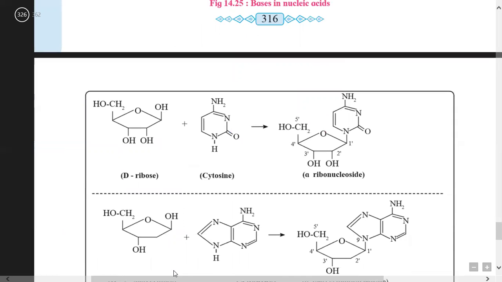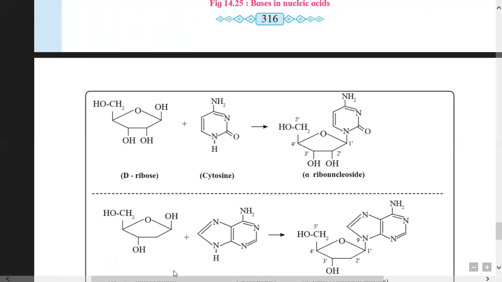Here the numbering is given like this. The first, second, third, fourth, and fifth carbons are denoted with a prime: first prime, second prime, third prime, fourth prime, and fifth prime. And the first carbon is the anomeric carbon present in the ribose, and it is bonded to this base.